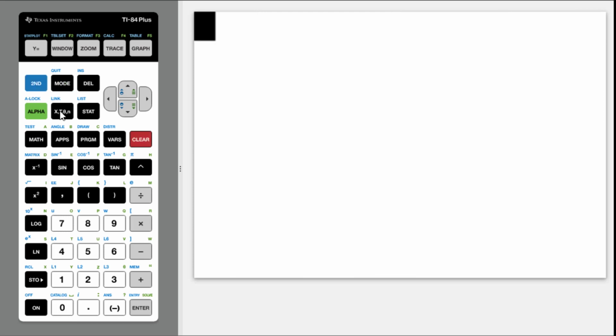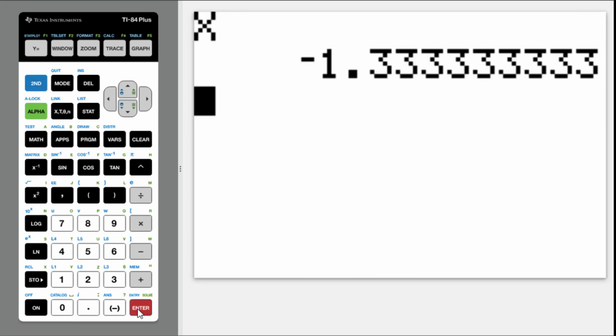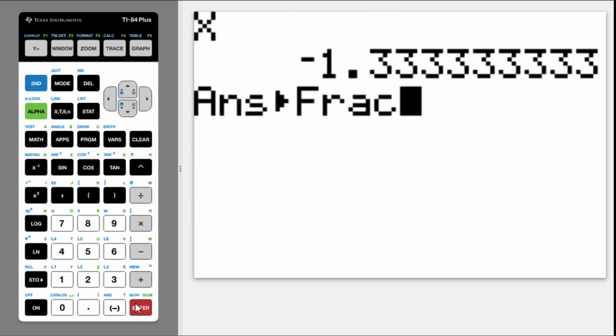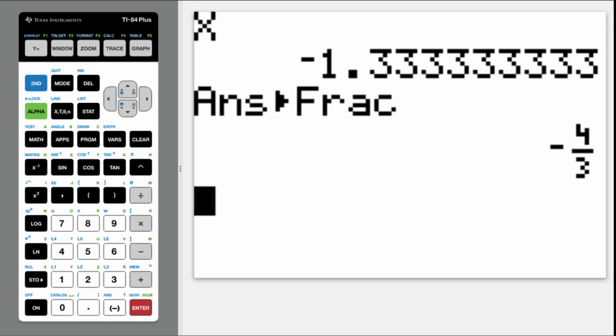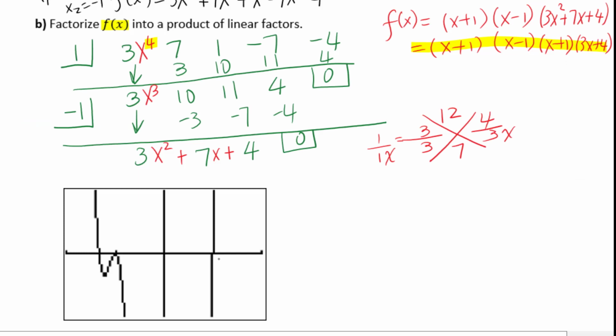Then press X, enter. Math, enter, enter, to change this root into a fraction. Let's label the roots: +1, -1, and -4/3. We know the degree of this f of x is 4.